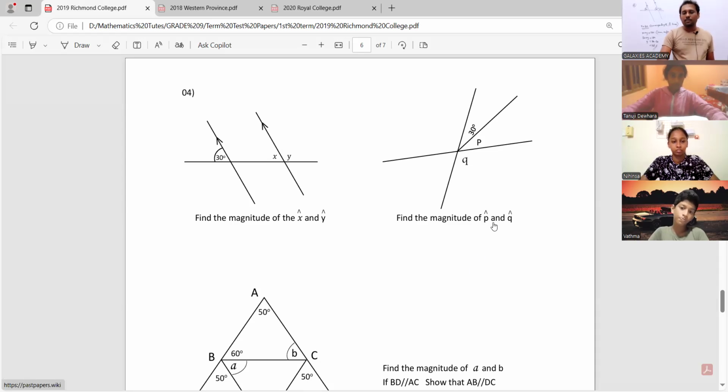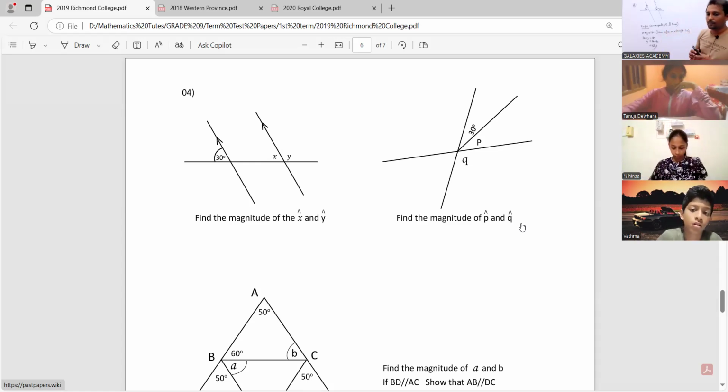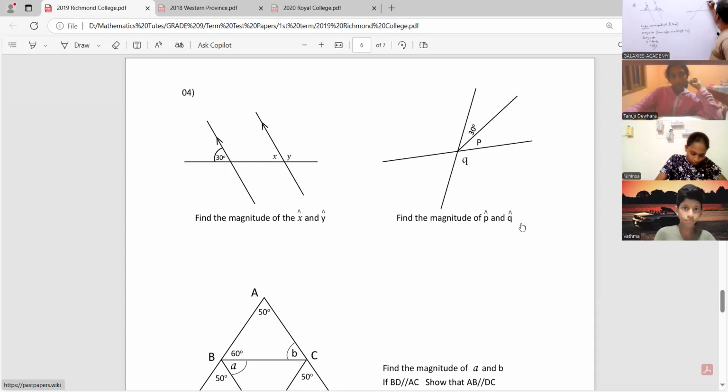So you write it down like this: find the magnitude of P plus Q. Right?